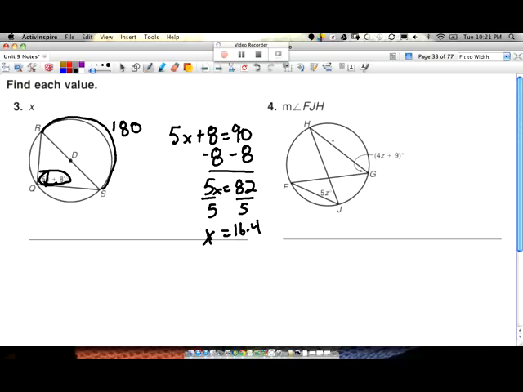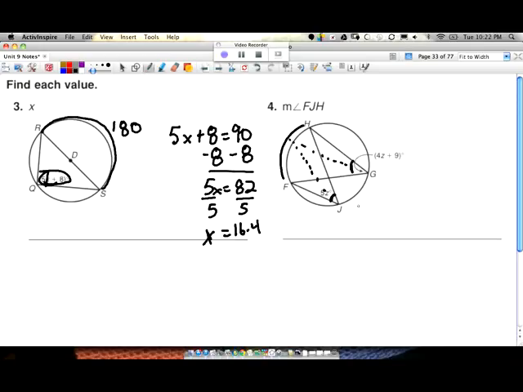Alright, FJH. So what are we trying to figure out there? FJH is this angle here. Oh, this is that other thing there. Because look at this angle and this angle together. They both connect to this arc because it connects to that angle and to that angle. So they both have the same arc.